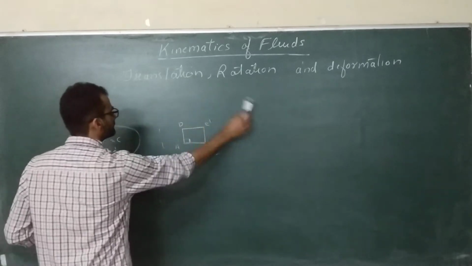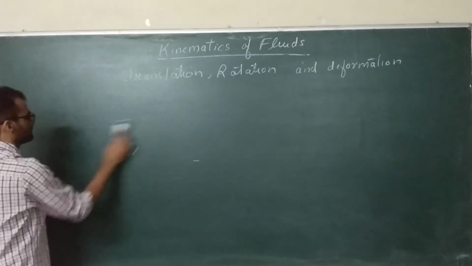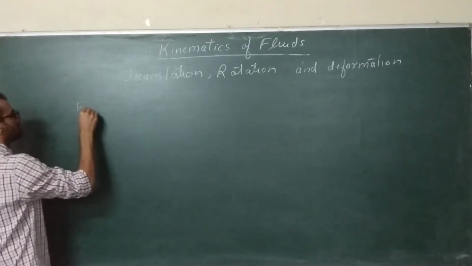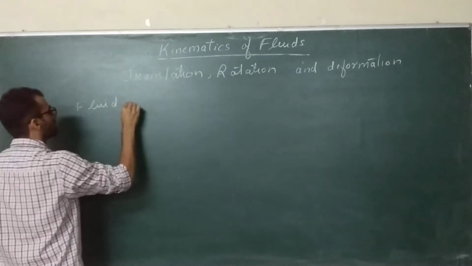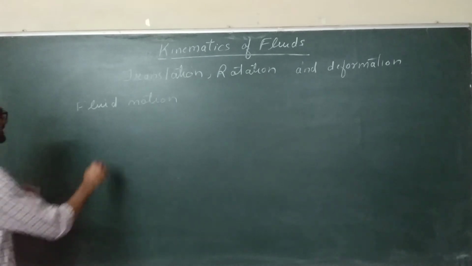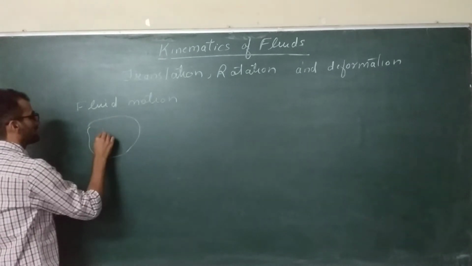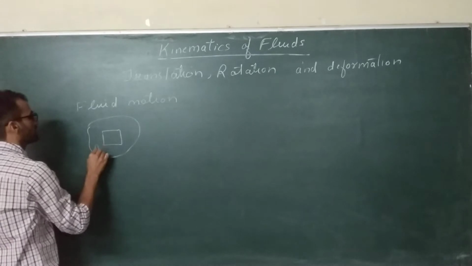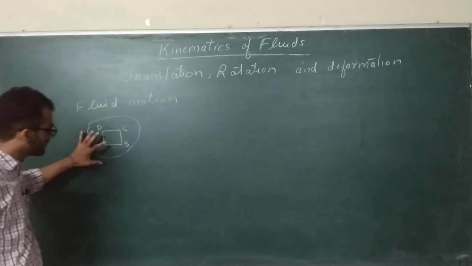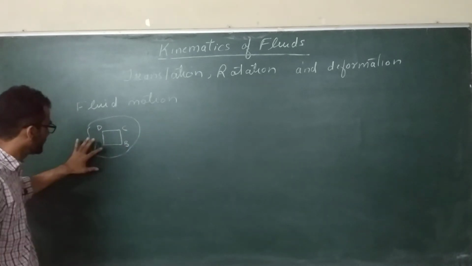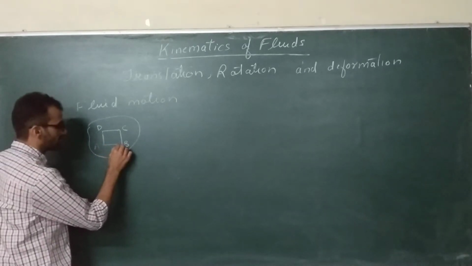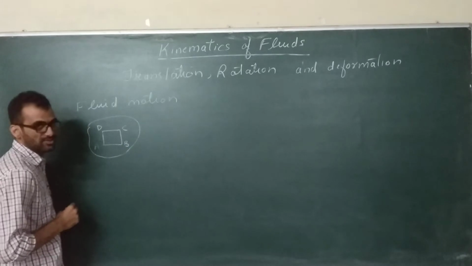What happens in fluid motion? If we consider some fluid and let us say there is an element A, B, C, D, then when this fluid element moves, the velocities at different points, at different particles, are not the same.